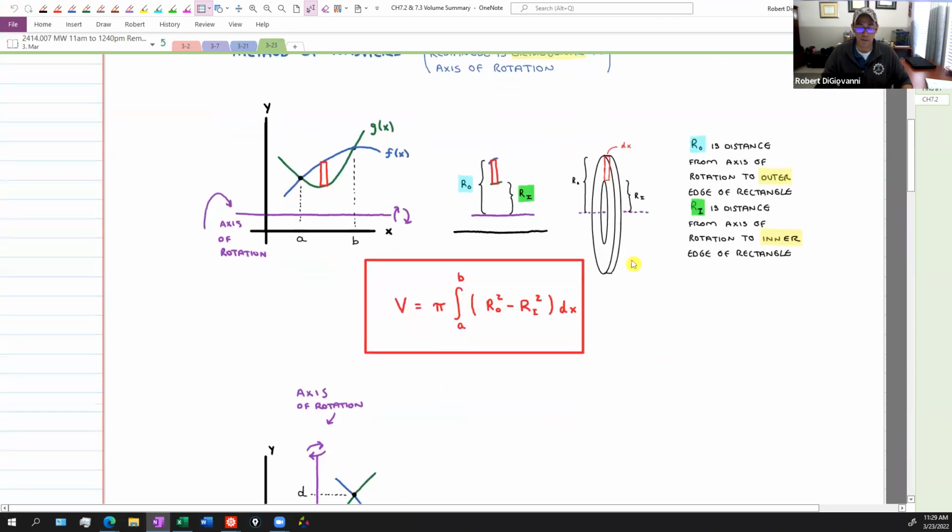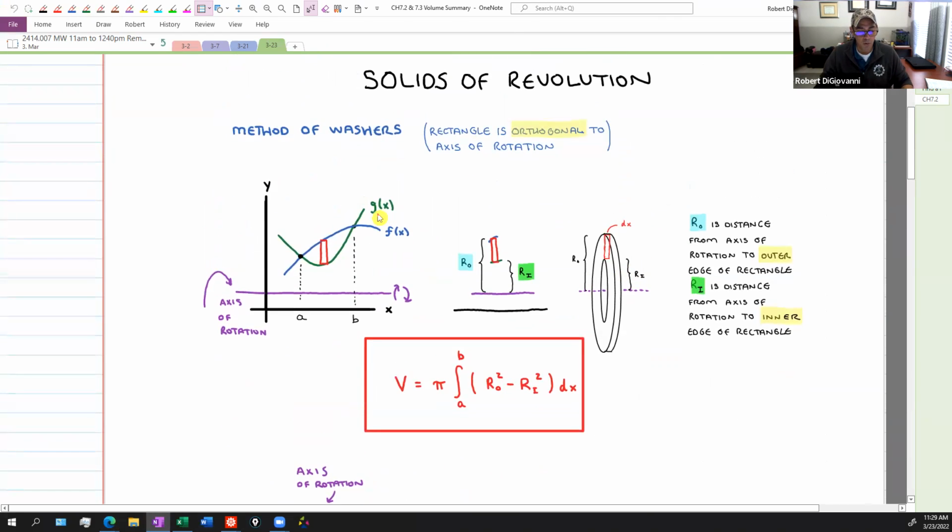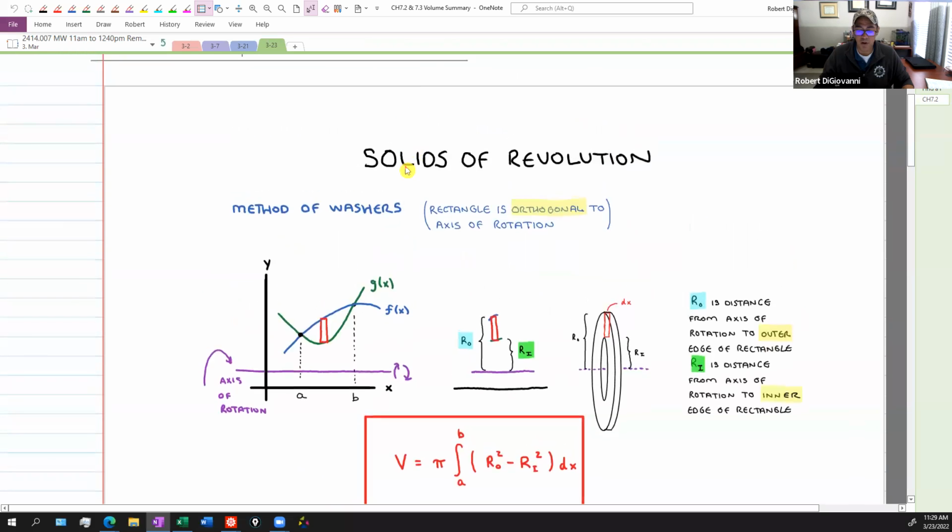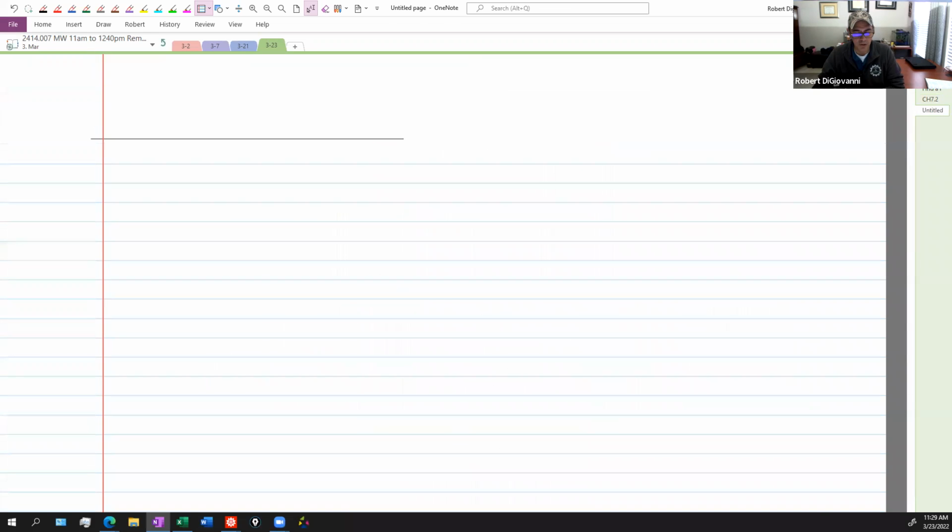All right, see if you can follow this. So what we're trying to do is find what's called a solid of revolution. It's a revolution, right? You're taking a region and you're going to revolve it around the x-axis. Let me come back to this page. I'm going to do the most general one first, or the easy one first.